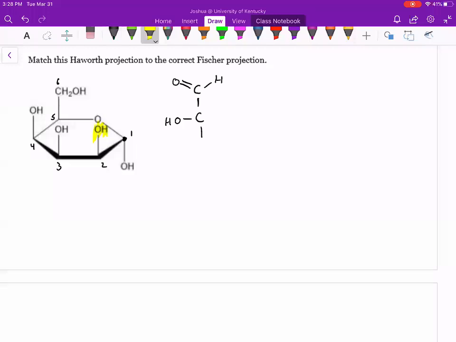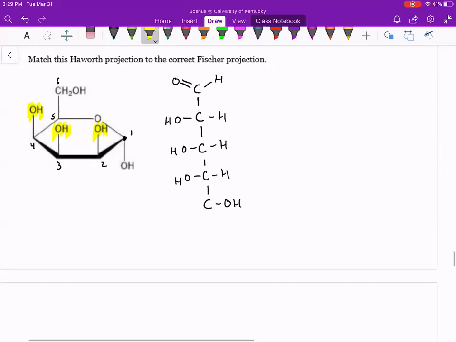Carbon 3, up, on the left. Up, on the left. And then this is a D sugar, carbon 5, because by definition C2 OH is up. So that's the correct Fischer projection.